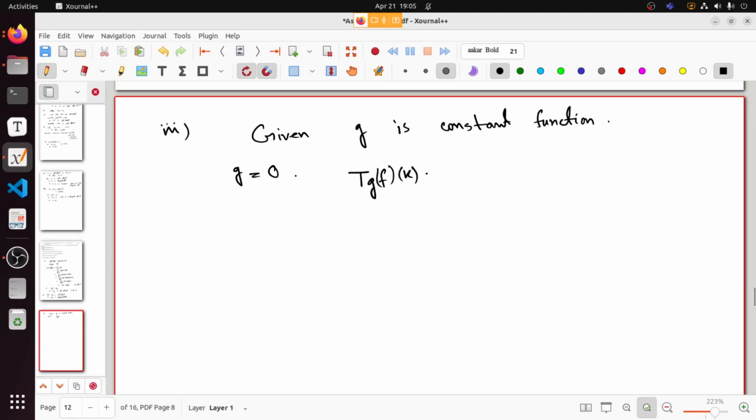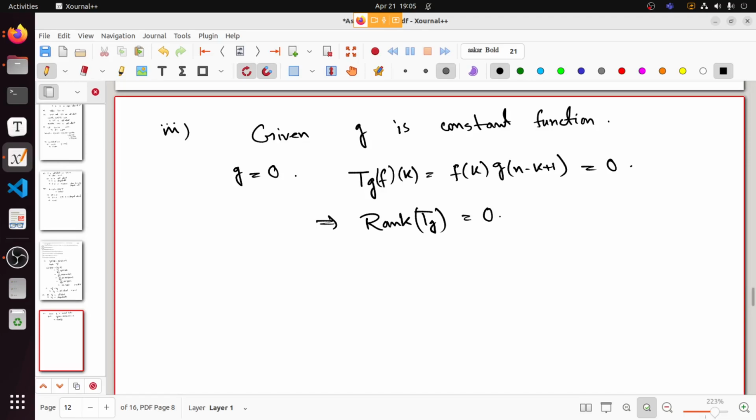It will be f(k) into g(n minus k plus 1), and as g is 0, this is 0. So Tg is the 0 linear operator. So therefore the rank of Tg is 0.